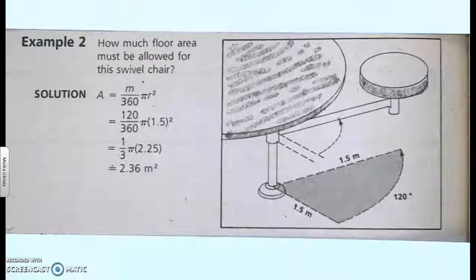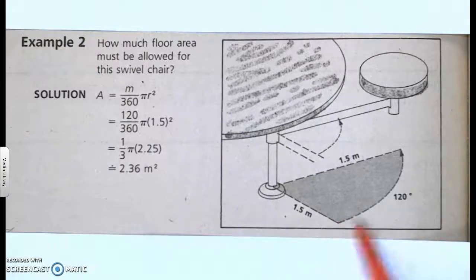Okay, so once again, example number 2 is from the book of a Filipino author, Mirna Kabansay, and the problem goes: how much floor area must be allowed for this swivel chair? So the solution is going to come from our formula, which is looking for the area of a sector, and all you need to do is to plug in all the information.